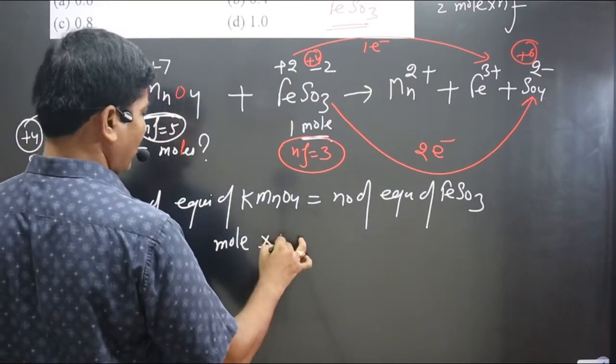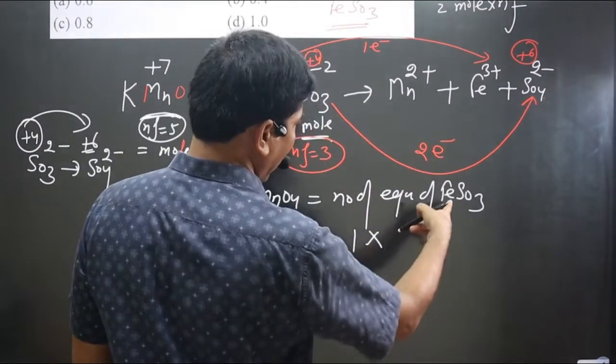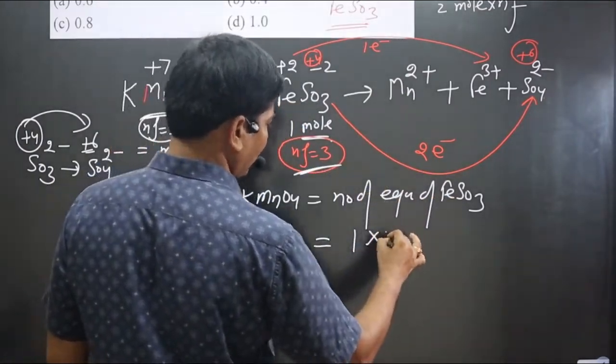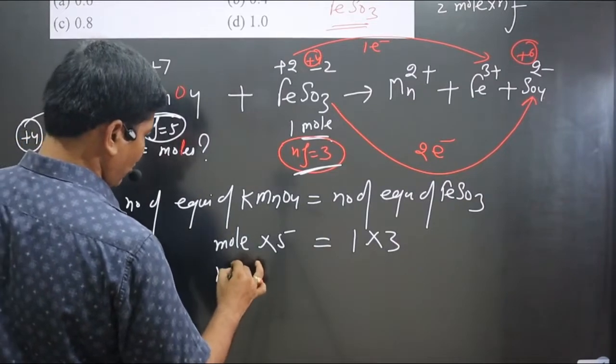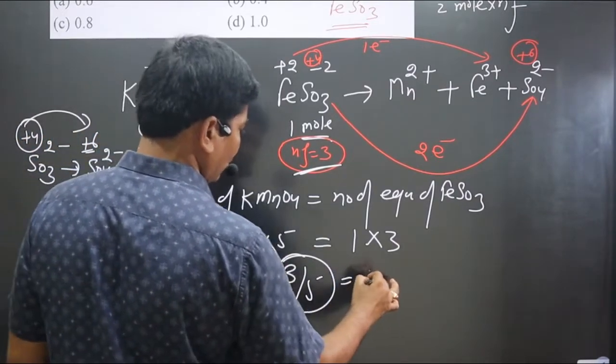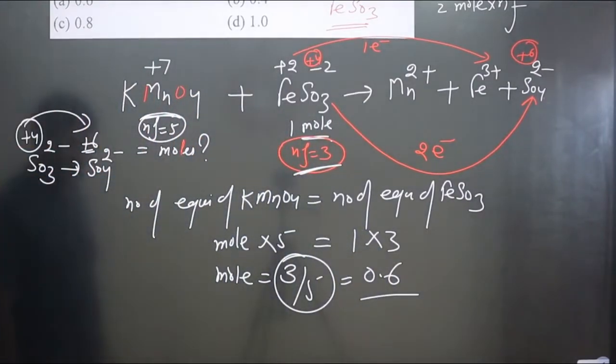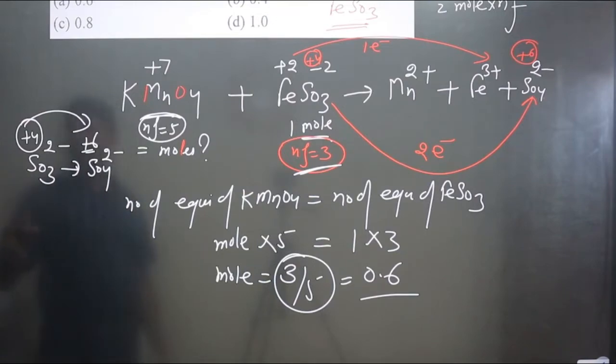What is the n factor value? 5 for KMnO4. For FeSO3, 1 mole is given in the question, and the n factor value is 3. Simplifying, the moles are equal to 3 by 5. If you divide, 5 sixes are 30, so 0.6. So 0.6 moles of KMnO4.